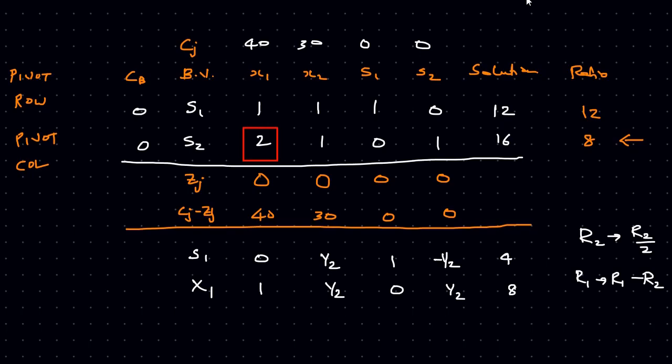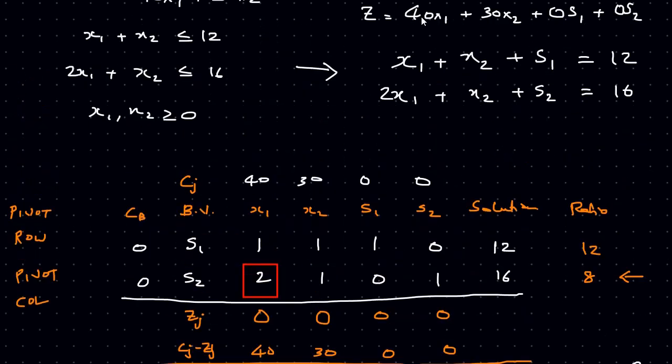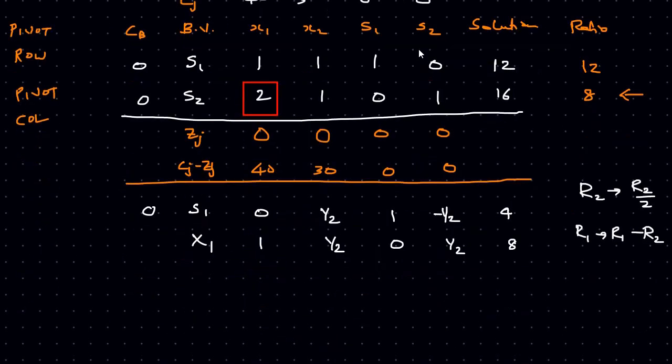Okay, so we get the next table, and now the CB value corresponding to s1 is 0, and for x1 we can see that the coefficient is 40. So we write the value 40 in this column corresponding to x1. And now again we have to calculate the Zj value.